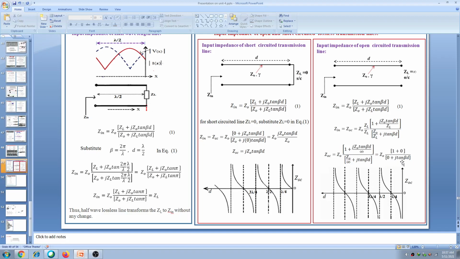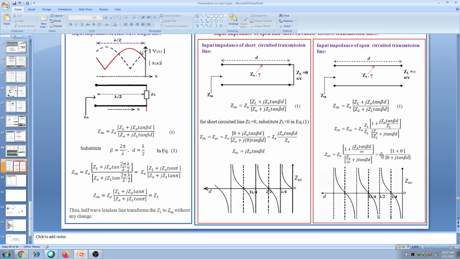If you simplify this, it becomes cot beta L minus j cot beta L. Simplify this: Z0, and here you get j in the denominator. If you multiply and divide by j, you get j divided by j square, and j square is equal to minus 1.